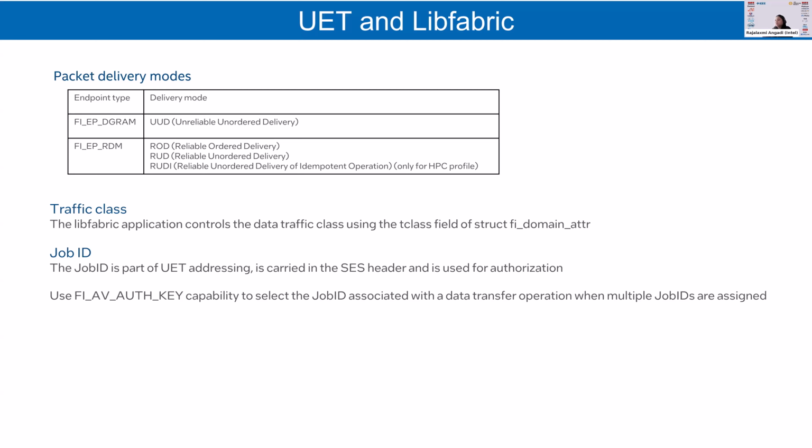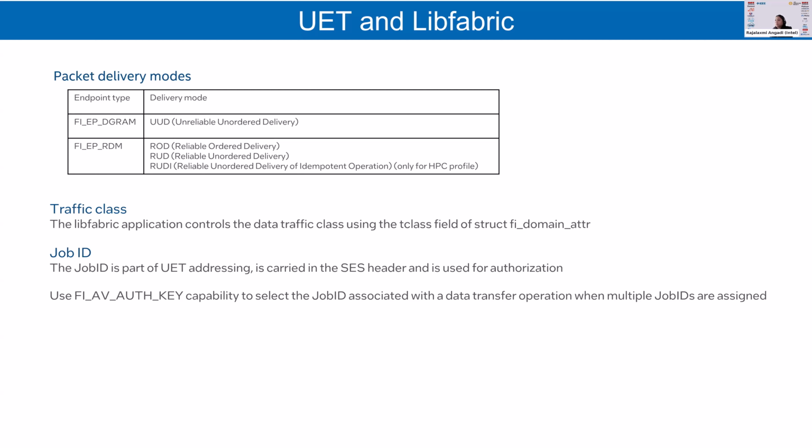A privileged entity will provide the assigned job IDs to the provider's kernel driver, and that gets passed to the Libfabric. Whenever the Libfabric is passing that job ID to the underlying UET provider, then that must be validated in the hardware context. That is why we are talking about the job ID here, because that is also another thing that flows from Libfabric as well.